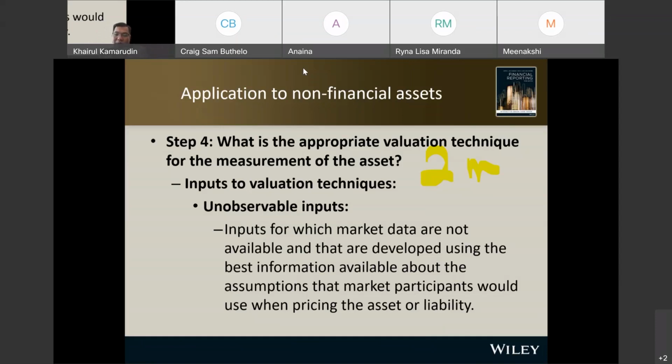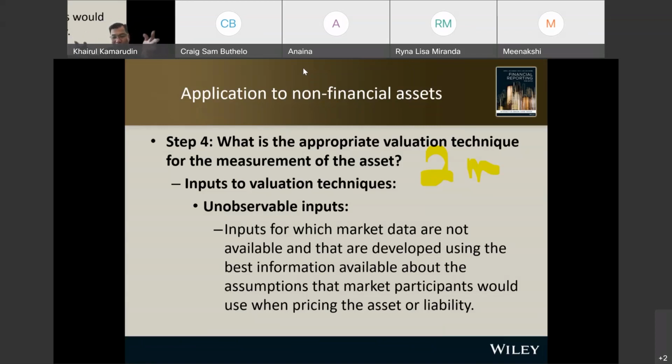The unobservable input is something that we experience now. We're not sure whether the price is going up or going down, but many people will do their calculation. Maybe after the Dubai Expo, many visitors will come to Dubai and stay in Dubai, so they expect the value of the asset will go up as well, because of the Expo effect, or because of COVID in 2021, 22.